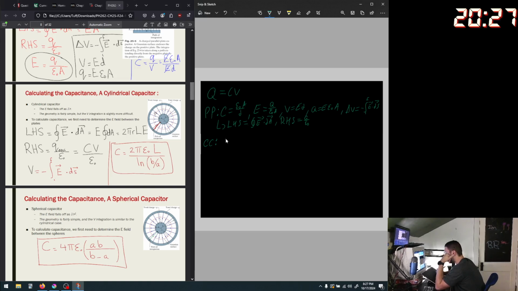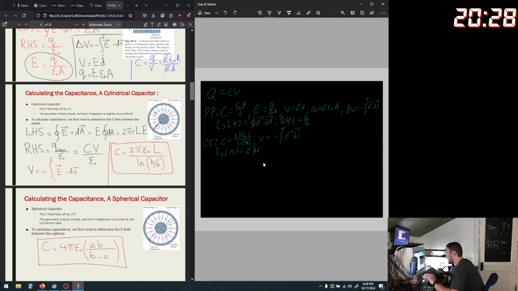C equals 2 pi epsilon 0 L all over the natural log of B over A. I think this should be change in V, but I'll just write V equals negative integral from initial to final of E ds, and I'll do left hand side equals E dA.